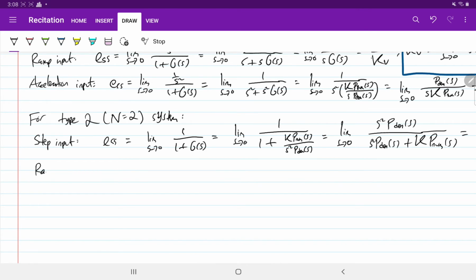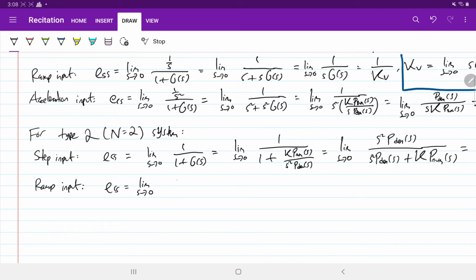How about ramp? For this, limit s to 0 we have 1 over s plus s g of s. So limit s to 0 1 over s plus s times g of s, where g of s is kp numerator of s over s squared p denominator of s.